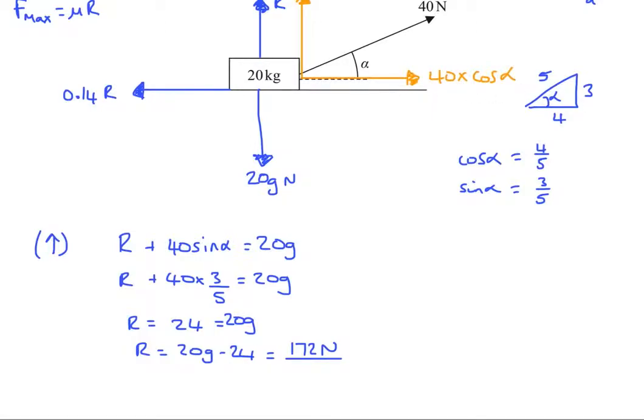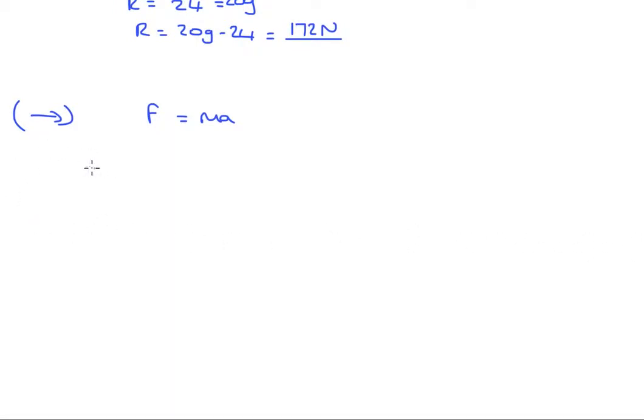So 40 cos alpha minus 0.14R is going to equal MA. 40 times 4/5, remember cos alpha is 4/5, is going to be 32.